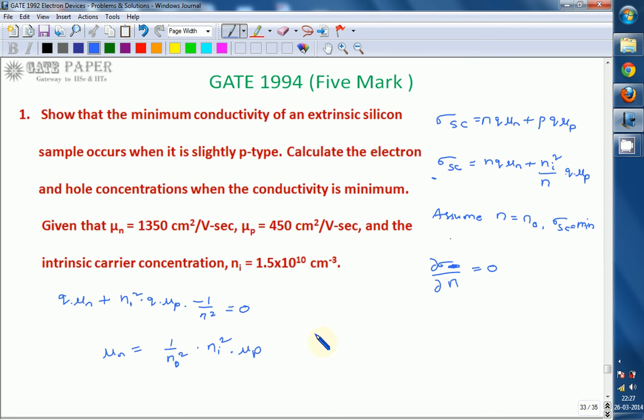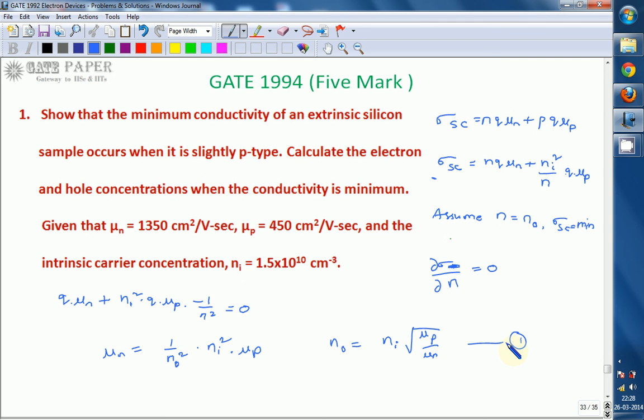From this we can write n naught equal to ni times the square root of mu p by mu n. Remember this, this is the first equation. This is the electron concentration for the given extrinsic semiconductor with ni, whose electron and hole mobilities are known. At this electron concentration, the semiconductor will have the minimum conductivity.